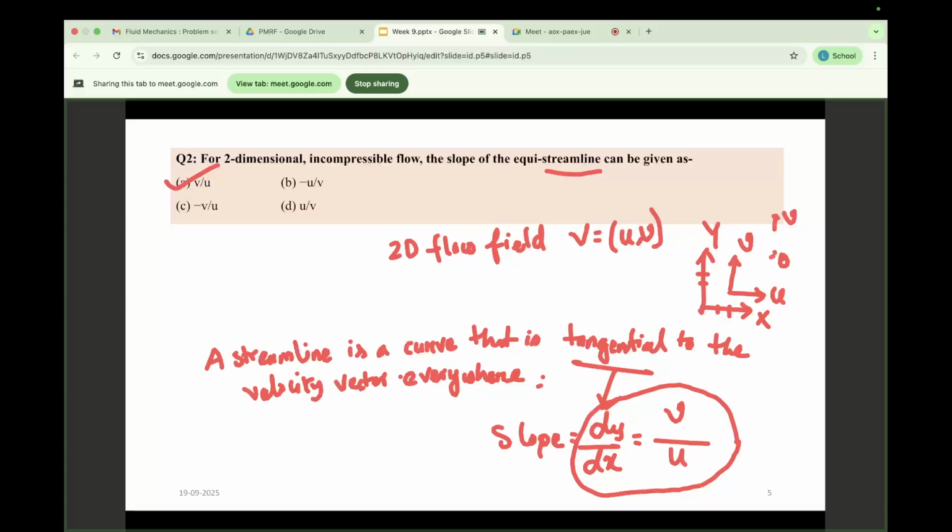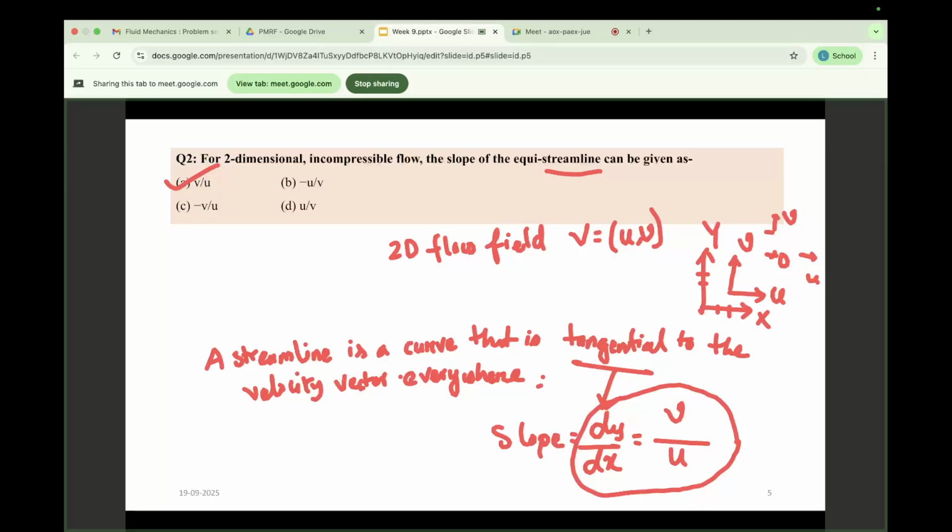So dy is the change in this distance, so the corresponding change in the velocity, say v minus 0, which is v. Same in the x direction, it is 0, and corresponding it is u. So with respect to 0, the change is u minus 0, which is also u. That's why this is v by u.